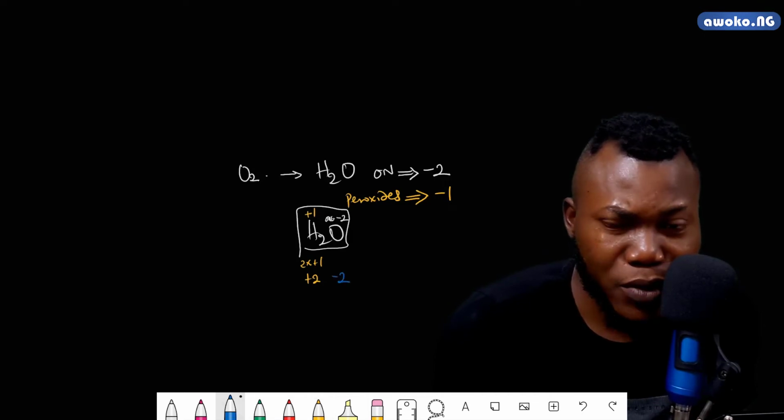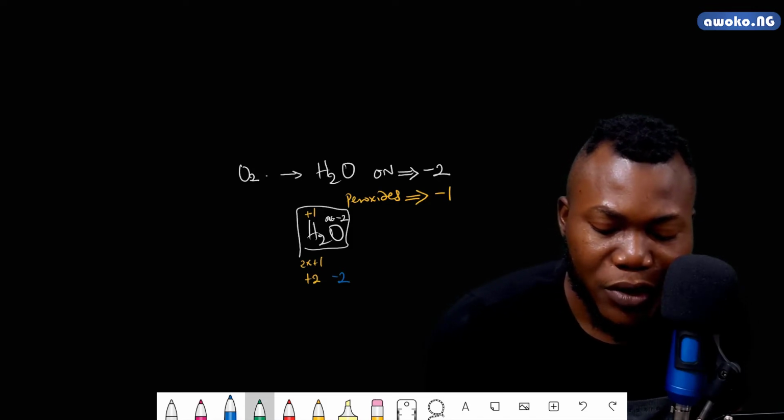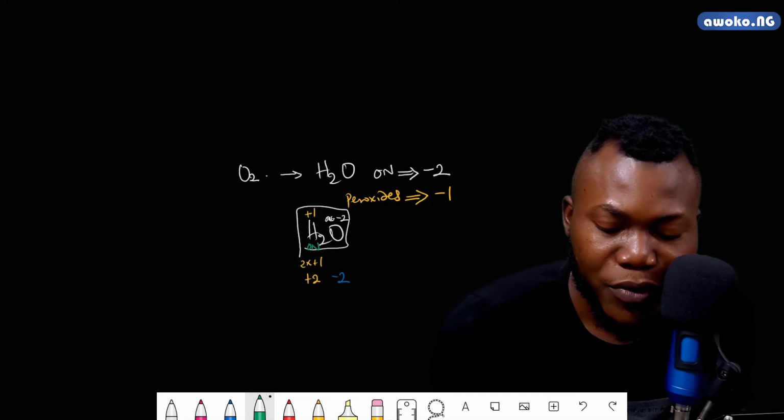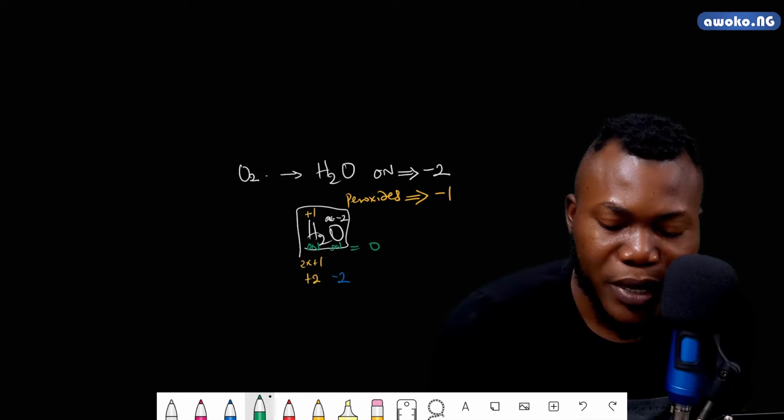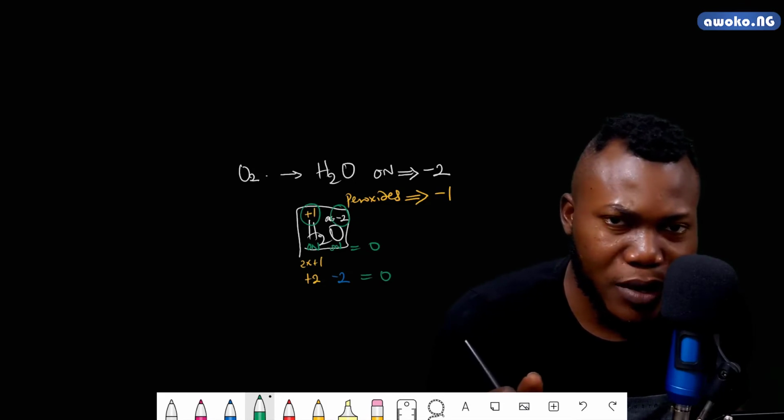If you remember our law that told us that the summation of the individual oxidation numbers for atoms in a compound must be equal to 0, so +2 - 2 is equal to 0. This simply means that the oxidation numbers of hydrogen, +1, and oxygen, -2, are true for this particular compound, water.